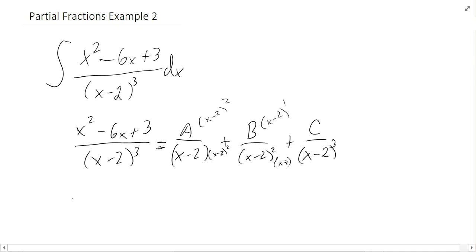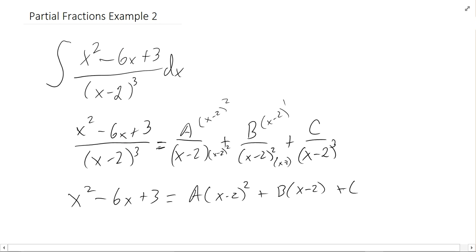Once the denominators are the same, the numerator has to be the same if I want these fractions to be the same for all values of x. So I've got 2x squared plus 6x plus 3 equals A times the quantity x minus 2 squared plus B times the quantity x minus 2 plus C. And I want these to be equal for every single value of x.